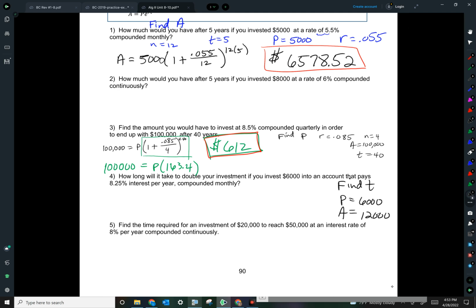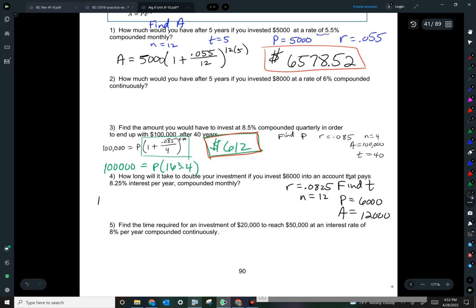Okay. Let's see. That pays 8.25%. So R equals, if I move my decimal 2 spaces to the left, I'm going to have 0.0825. And then it says compounded monthly, so N equals 12. Okay, so we set up the equation.